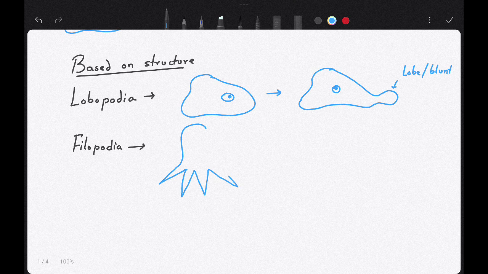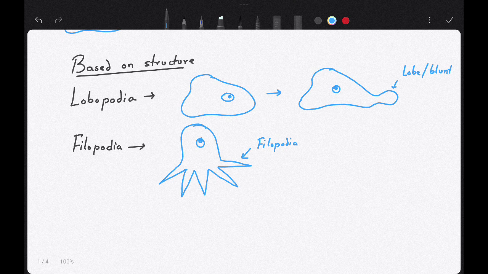These are called filopodia. These are used in locomotion. Both filopodia and lobopodia are used in locomotion.